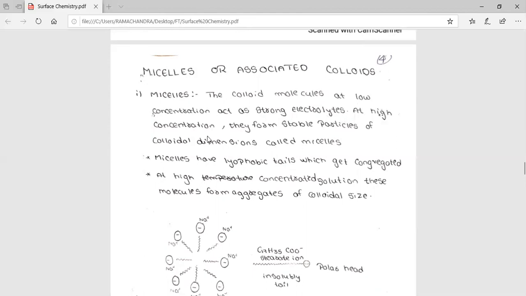At a high concentration, they form stable particles of colloidal dimensions called micelles. So the colloids at a low temperature act as strong electrolytes, and at a higher temperature they form colloidal particles. Stable particles of colloidal dimensions are called micelles.